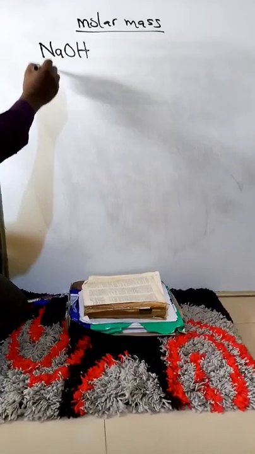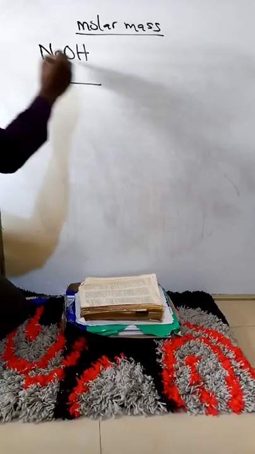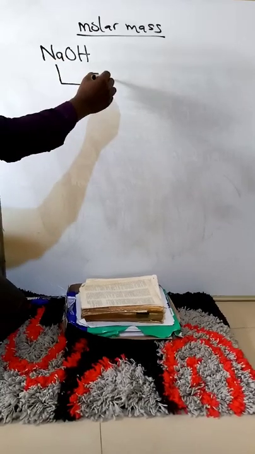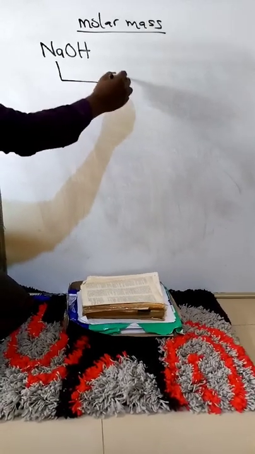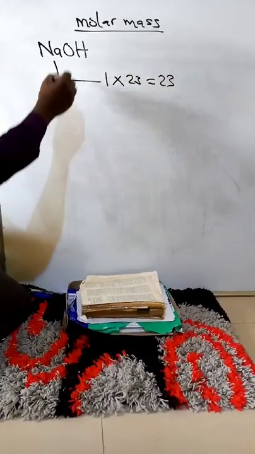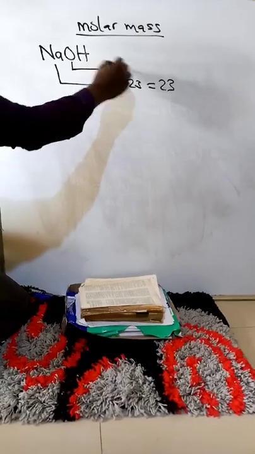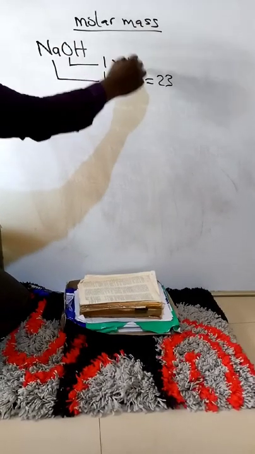Here we only have one atom of sodium, so we have 1 times 23, that is 23. Then oxygen, we also have 1, and the mass of oxygen is 16.